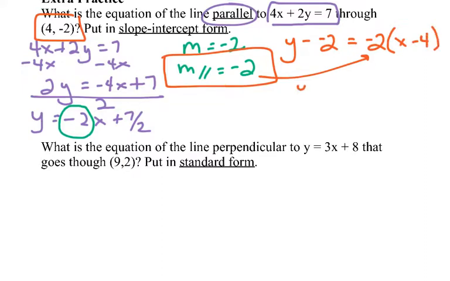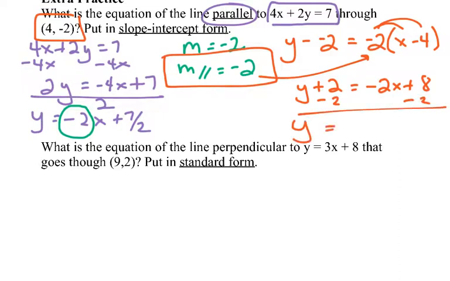Simplifying, we've got y plus 2 equals -2x plus 8 once we've distributed. And then for slope-intercept form, we just need to bring our 2 to this side. So we end up with y equals -2x plus 6.